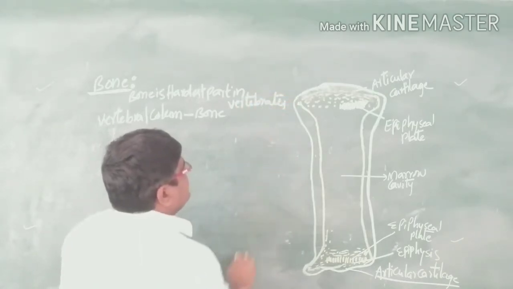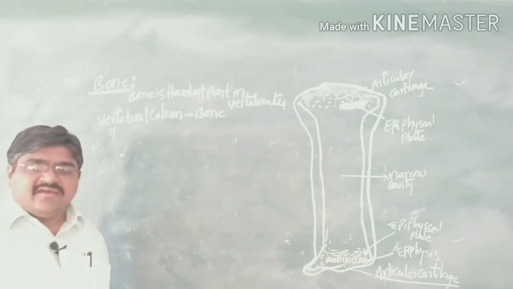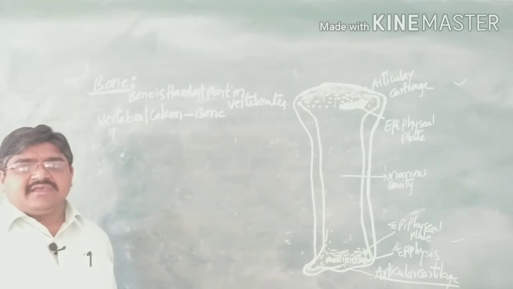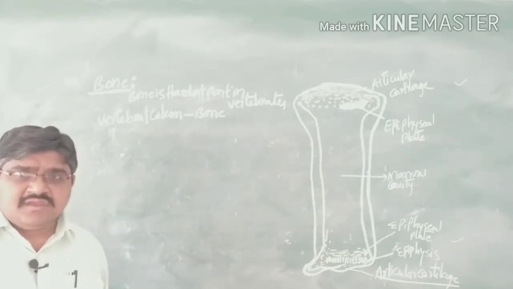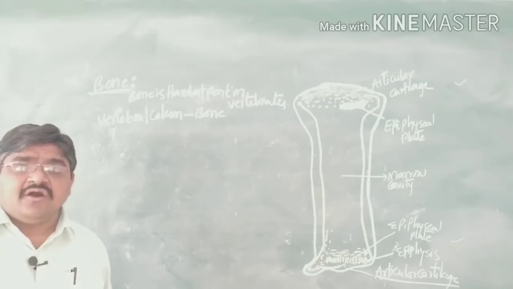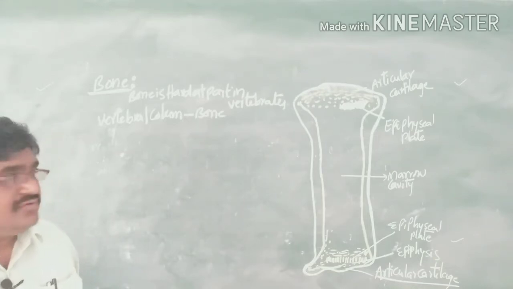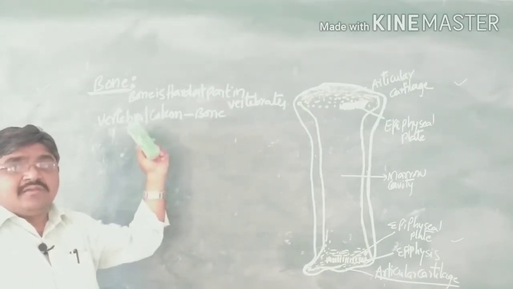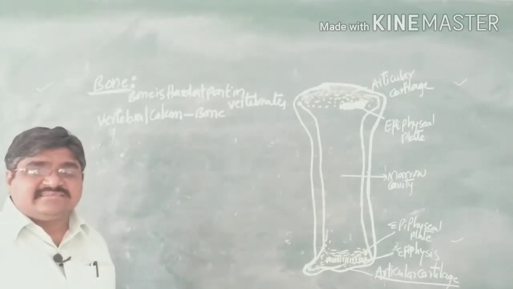Bone consists of both organic and inorganic substances. Bone is present in all vertebrates. Bone is the backbone; the vertebral column is made up of bone only. A typical bone consists of different parts.